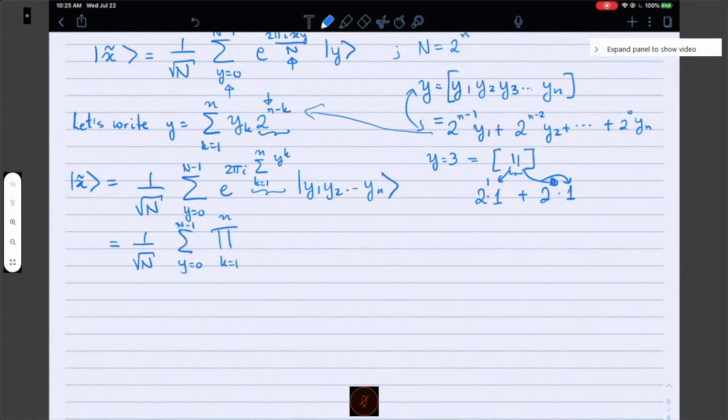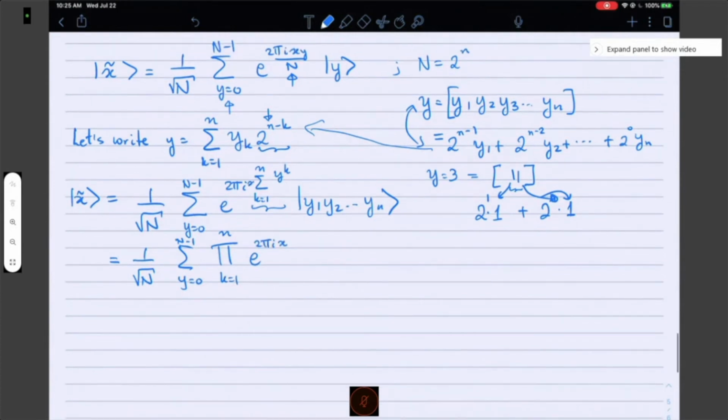And I'm going to write e to the 2 pi i x. So I forgot to write down the x here. x, and then the individual pieces of that product. So yk over 2 to the power of k. So there's a 2 to the power of k missing here as well. And we're going to have y1, y2, and so on, yn.